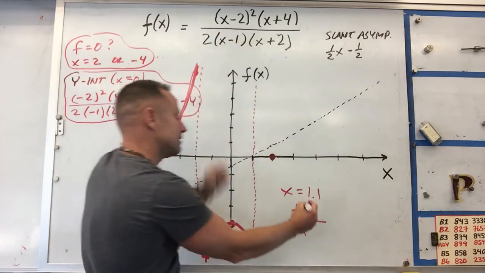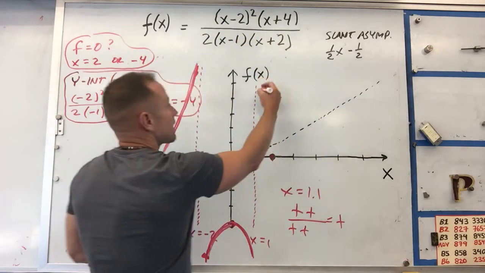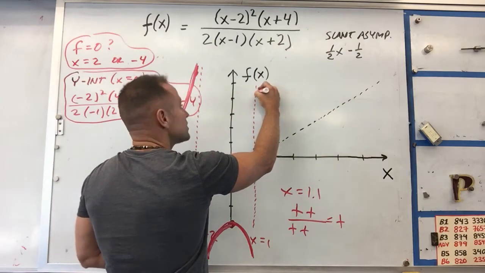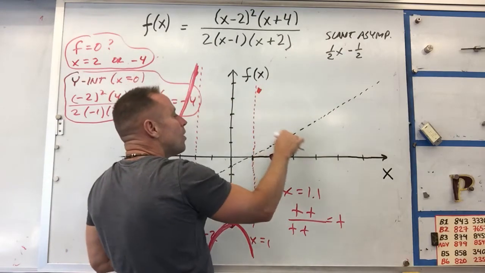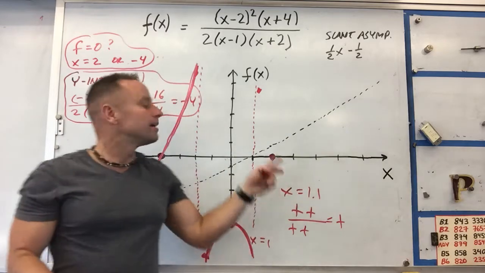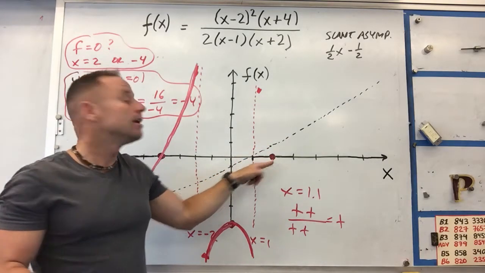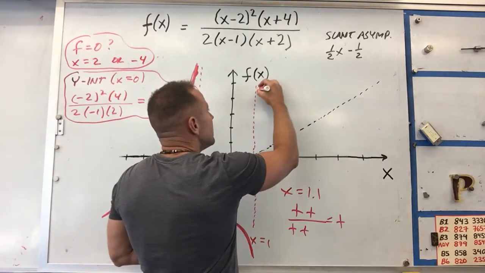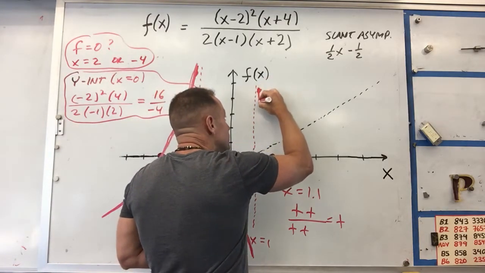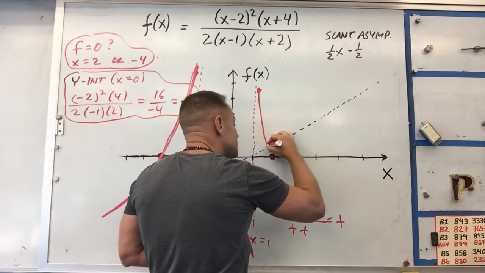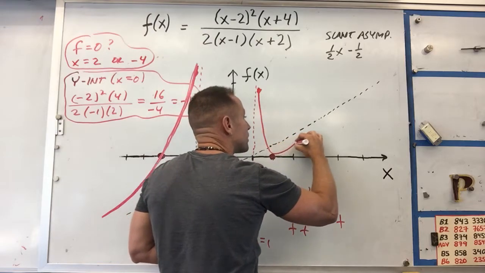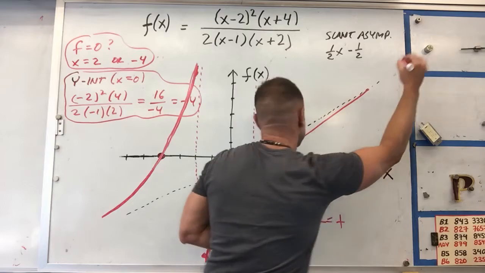So everything's positive, so that means it's got to come from up here. Now this is where this gets sneaky. We know it needs to approach this line, right? But it also needs to touch the axis here. And so what that means is it's got to go down to our point, but then it's got to come back up and approach this asymptote.